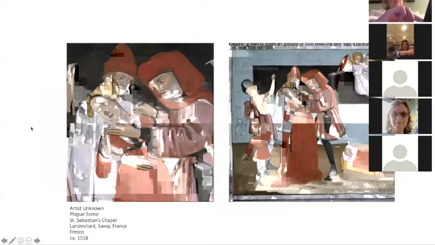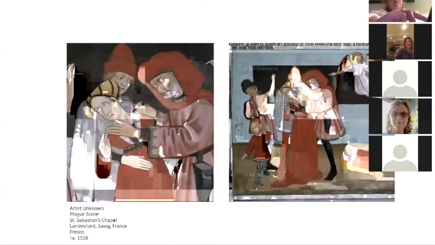This is a really wonderful representation. It's somewhat obscure. It's a chapel dedicated to Saint Sebastian, who is one of the plague saints we're going to talk about shortly. It's deep in the Alps, close to Italy.